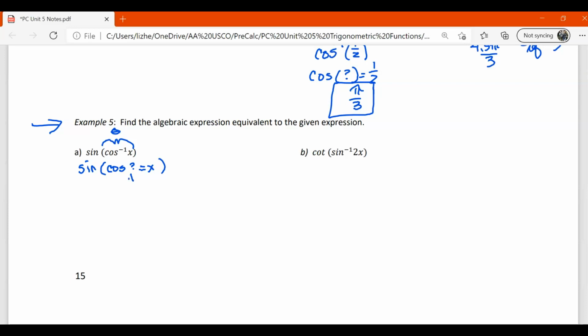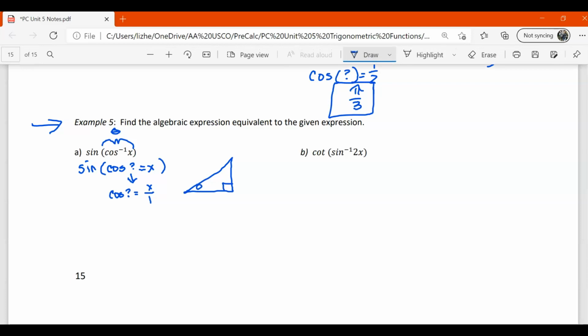The cosine of what angle equals x over 1. So I'm going to draw a right triangle here, and I'm going to call this my angle theta. So the cosine of this angle, the adjacent is x, the hypotenuse is 1, and I'm just going to call the opposite y.